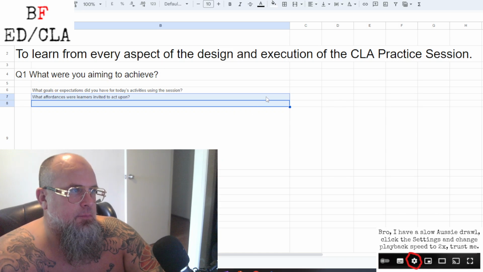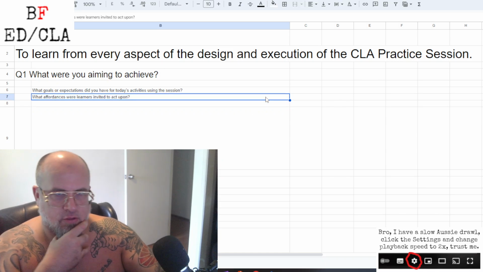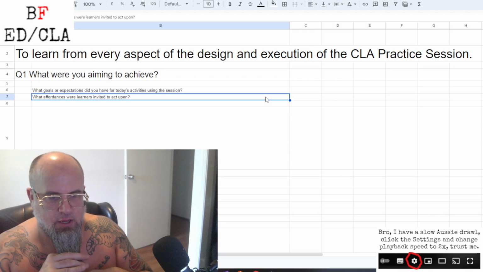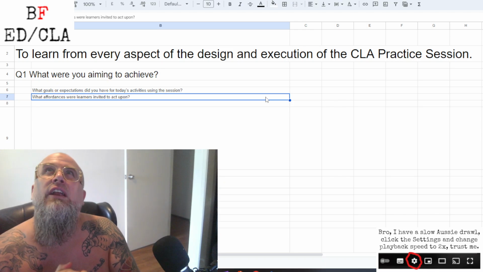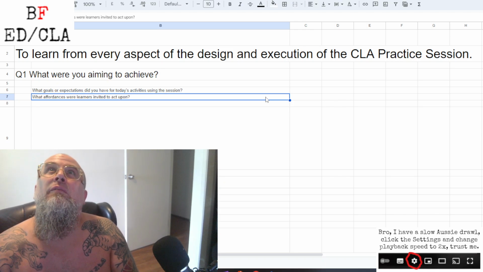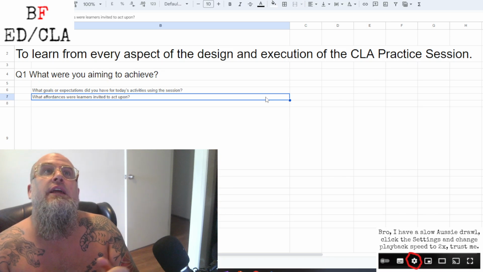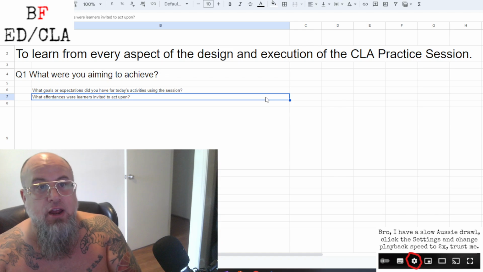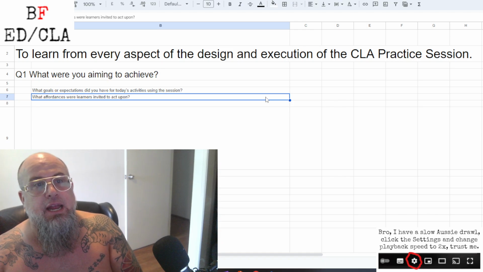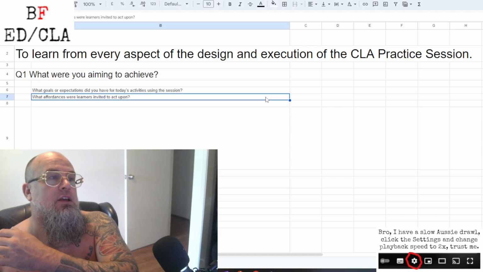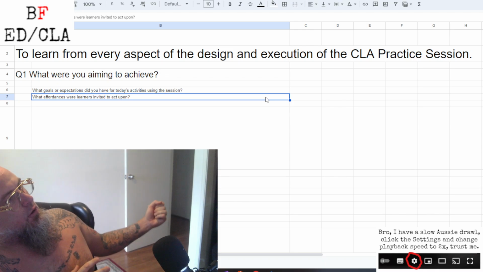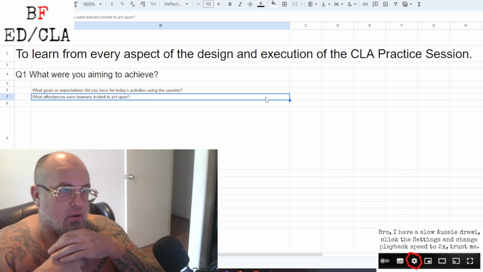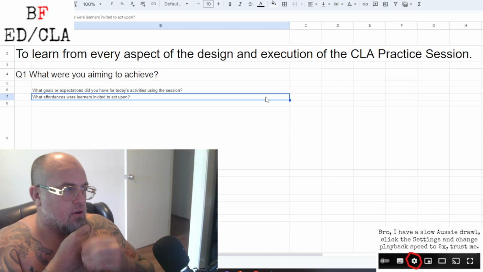So what affordances were we invited to act upon? One would be getting round the back with an arm drag, and another would be, if someone's got the collar tie, popping that collar tie and dragging it across.